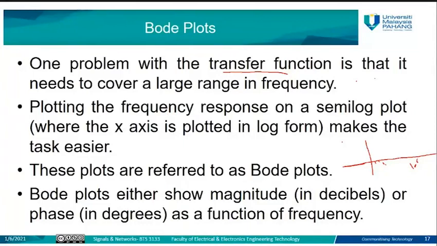Bode plots either show magnitude, as we said, or show the phase in degrees. So the magnitude here will be log magnitude in decibel, and the phase will be in degrees. So we have two graphs for the Bode plot. One for magnitude, one for phase.